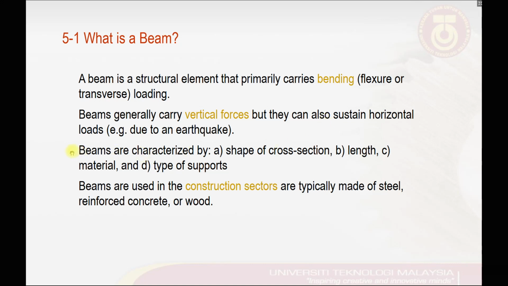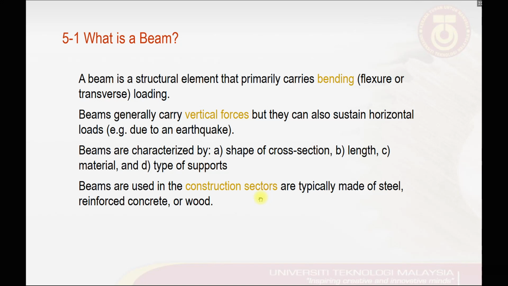And a beam is usually different from other types of structure and can easily be recognized by its characteristics, which are its shape, for example the cross section, and the length, and the materials, and also the type of supports. Beams are used mainly in the construction sector.